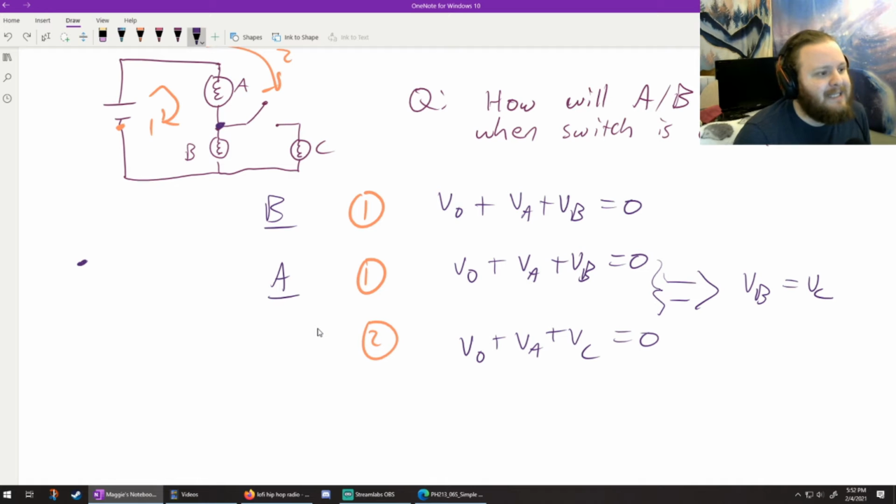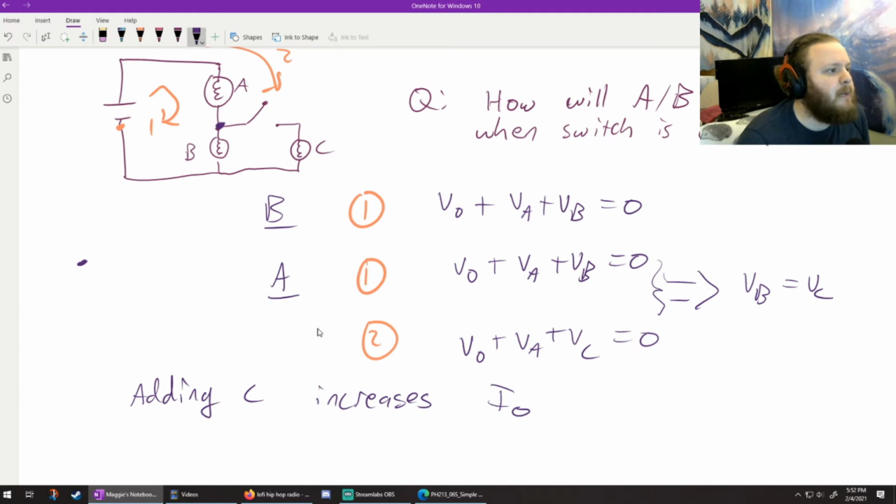So when I add C in, the equivalent resistance of this circuit has actually gone down, because what was light bulb B is now split between B and C. Because the current has gone up, adding in C increases the current out of the battery. So some amount of current is coming out of this battery, and I naught is going to go up when we add C in, when we close the switch.